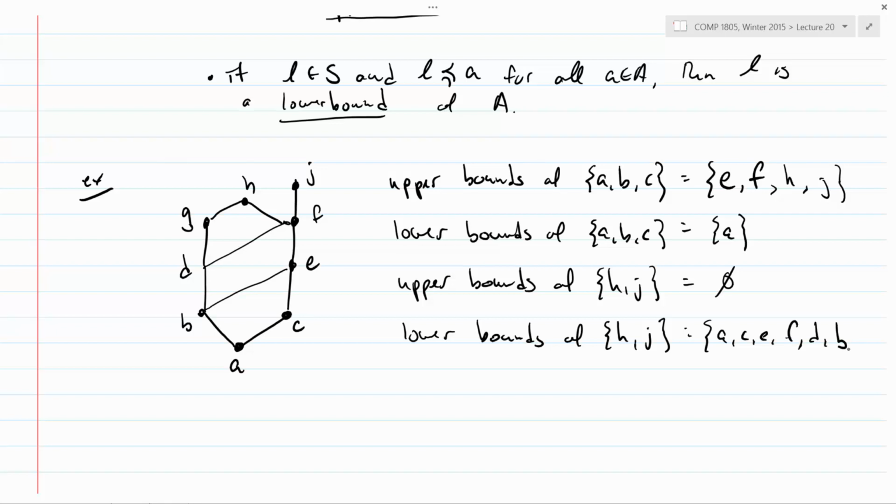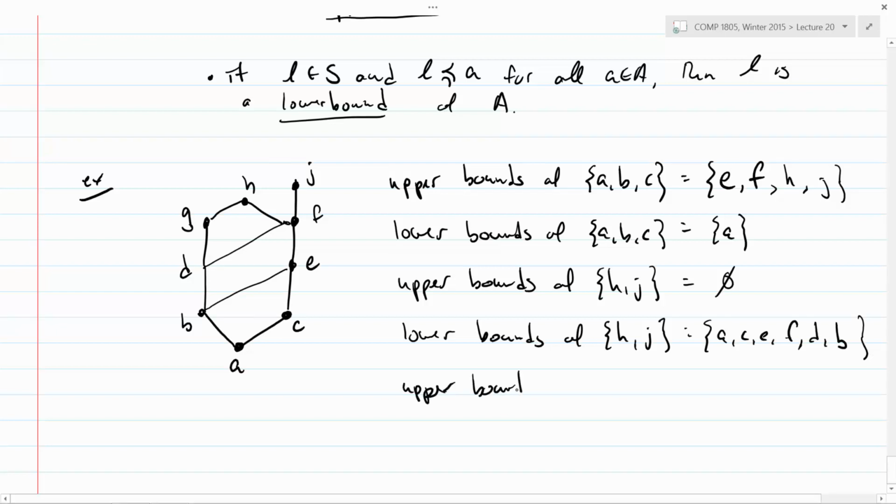So it's not going to be G because I can't get from G to J, going only up. For everything else, I can get from A to H and A to J going only up. So I have all of those, but nothing else. So essentially this is everything except G and then H and J because they're not comparable.